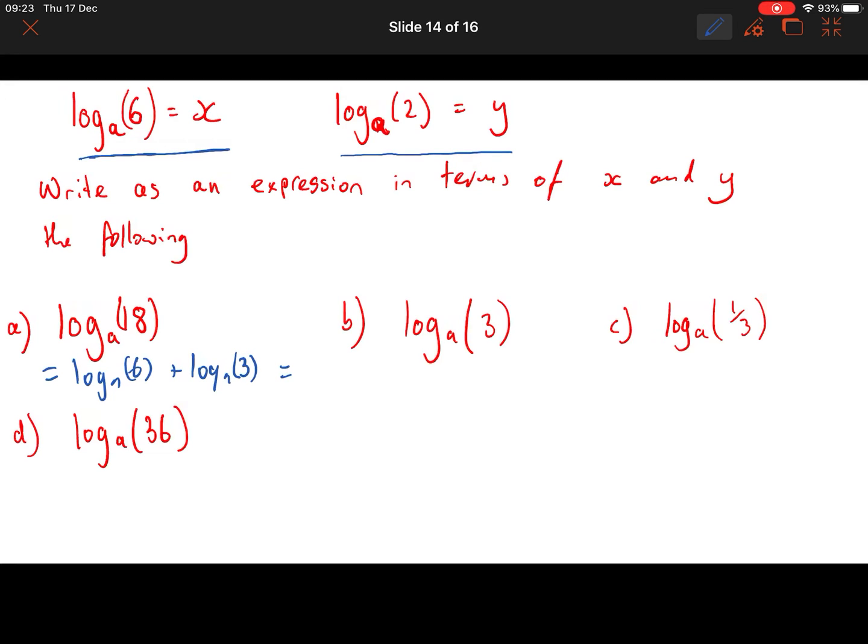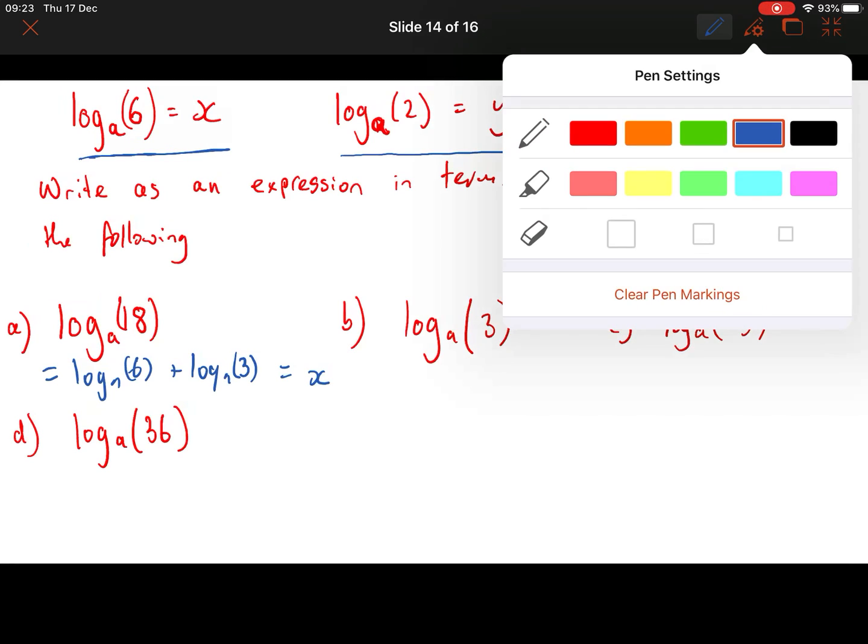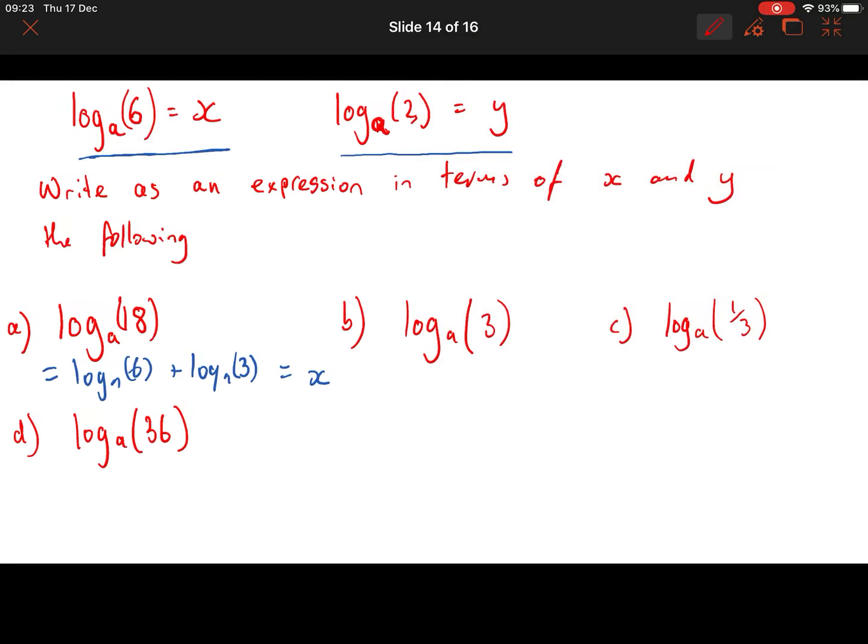Well, I can rewrite log base a of 18 as log base a of 6 plus log base a of 3. Well, log base a of 6 is x, and log base a of 3, that's meant to be 2, and that's meant to be a half.